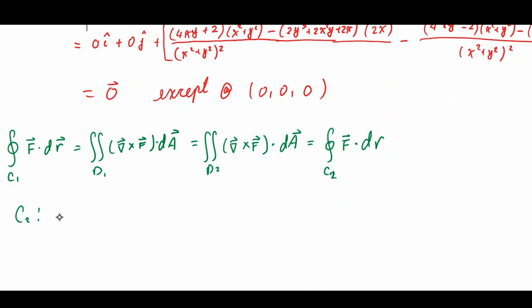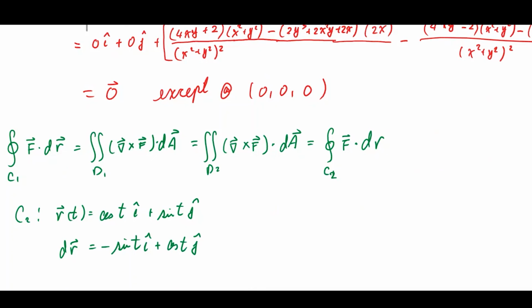C2 happens to be, let's say, r of t, which is cosine t i vector plus sine t j vector, right? So the dr vector happens to be negative sine t i vector plus cosine t j vector, right? Yes.